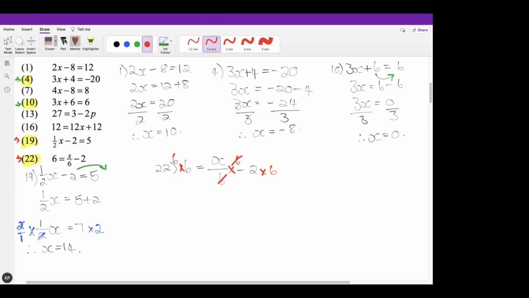And then on my left-hand side, I have a 6 times 6, which is 36, is equal to x minus 12. From here on, we can move my 12 to the left-hand side. So then I have a 36 plus 12 is equal to x. Therefore, x is 48. Happy?